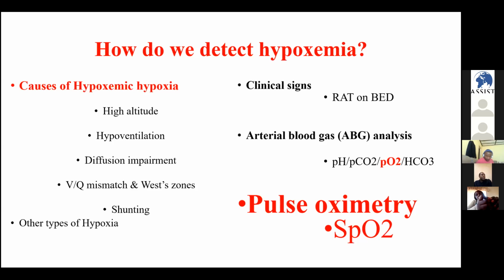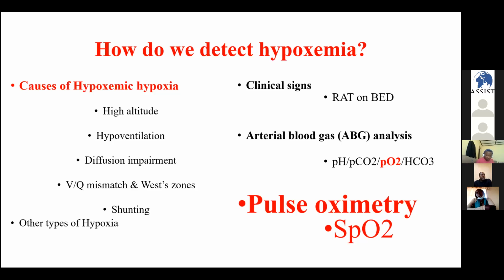The RAT signs are the early signs, but in the red signs, when the hypoxemia has lasted long, a patient can have extreme breathlessness and bradycardia. They may appear cyanotic. So we shall see how the pulse oximeter can warn healthcare providers of the presence of hypoxemia in the early stage.